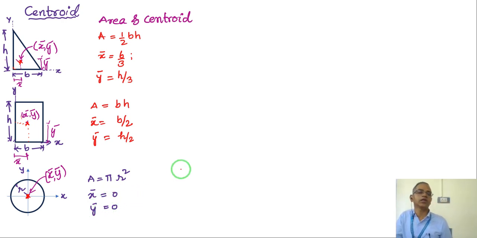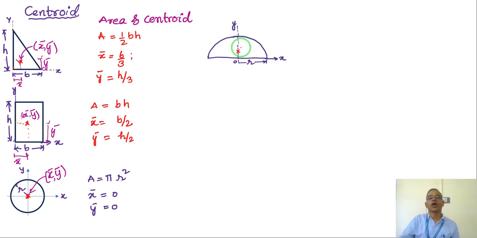Now we take another simple, common area, which is a semicircle, and your reference axis is passing through the center, y axis and x axis here. Since the other half is not there, the area of this semicircle is pi r square by 2. Right?